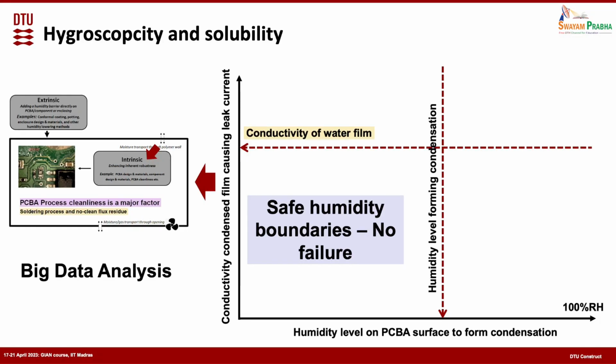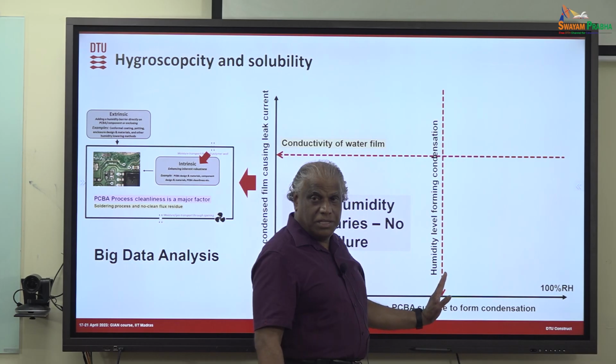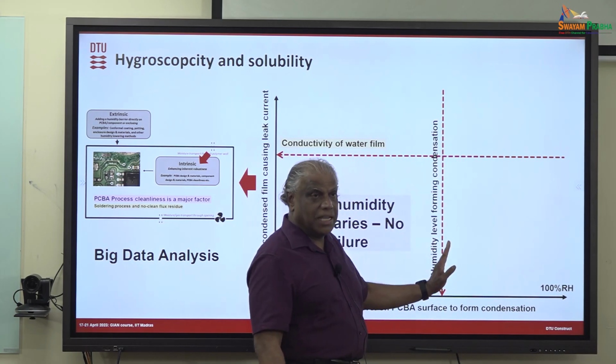I was talking about contamination of the surface, which puts a humidity limit because of the hygroscopicity. When you have contamination on the surface, two things are important. One is that it puts a humidity boundary: it determines at what humidity level you get condensation, because of hygroscopicity and deliquescence.